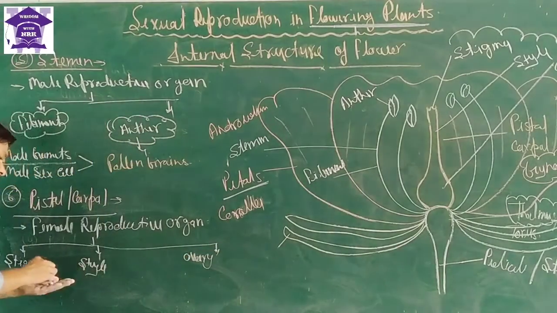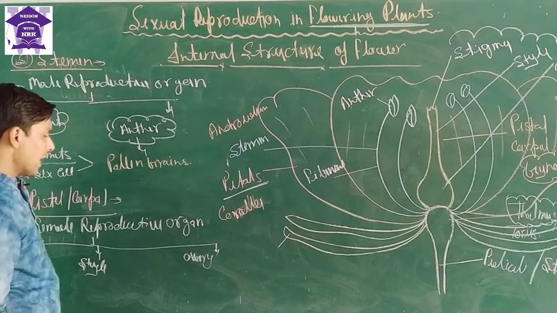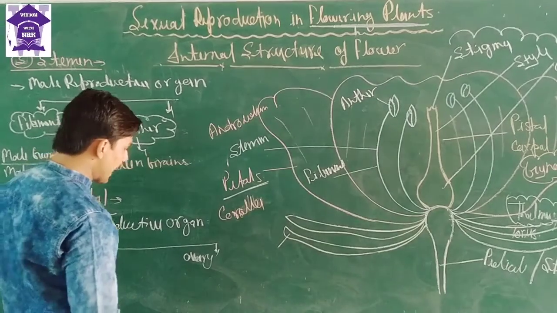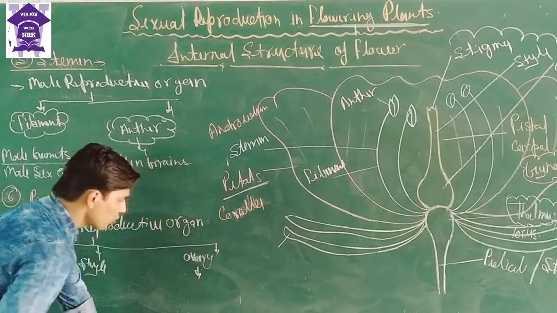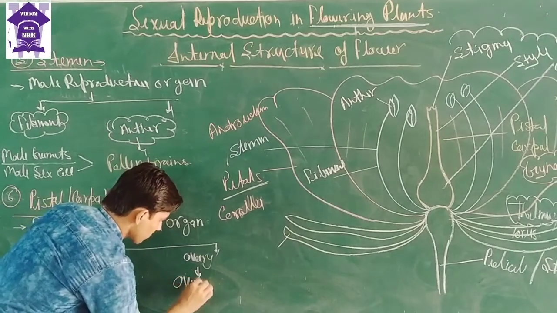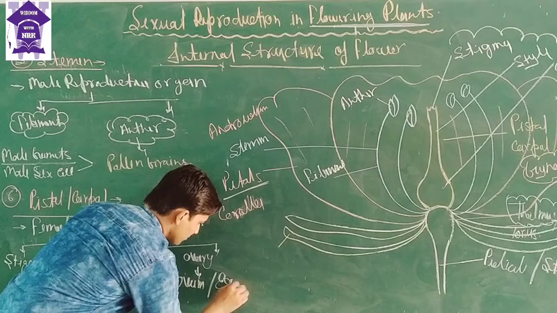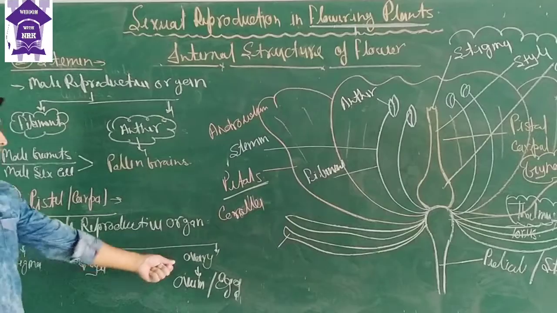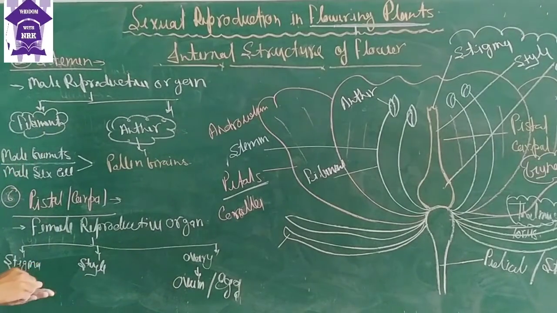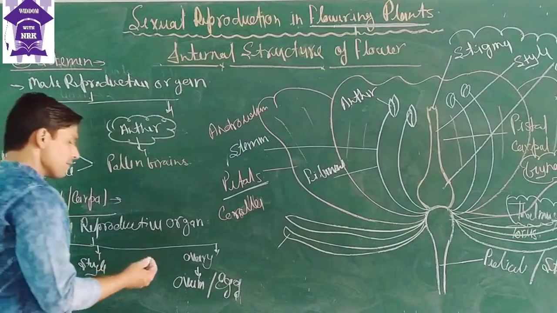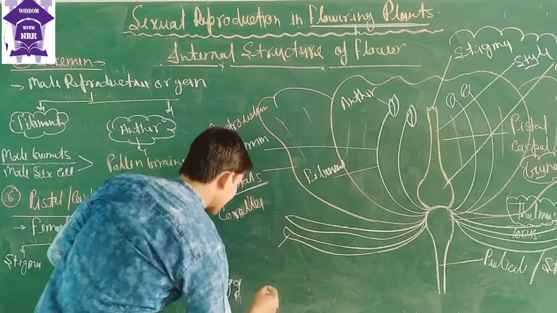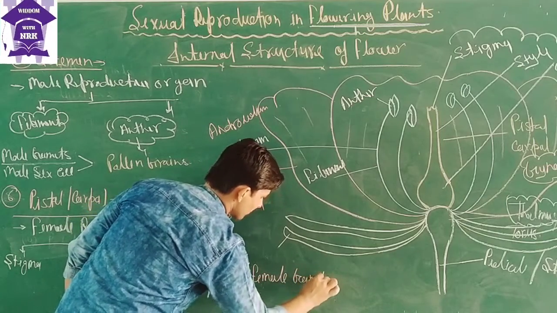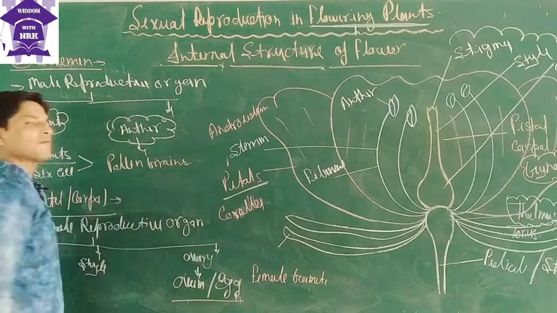In the ovary is present an ovule, and inside the ovule is going on the formation of ovum or egg cell. इस ओवरी के अंदर जो ओव्यूल होता है उसके अंदर ओवम बनेगा और एग सेल. अंडरस्टूड? इस ओवरी के अंदर ओवम और एग सेल. This ovum and egg cell, students, is a female gamete, or female sex cell.